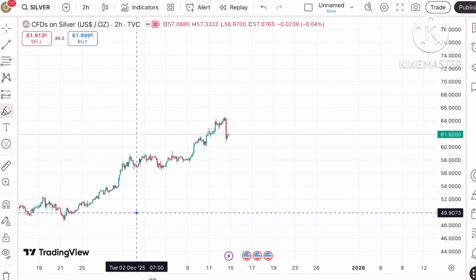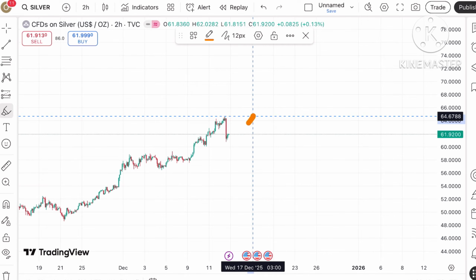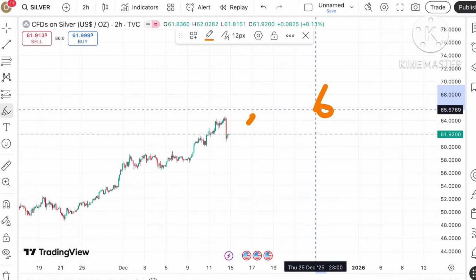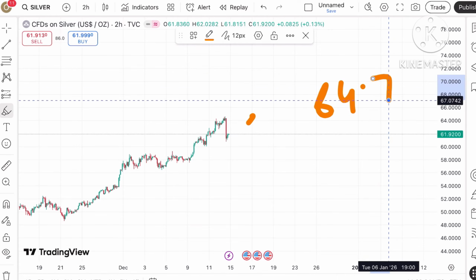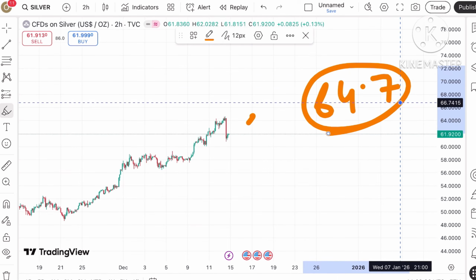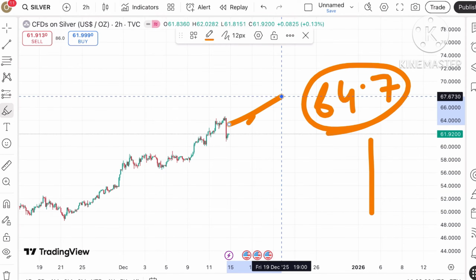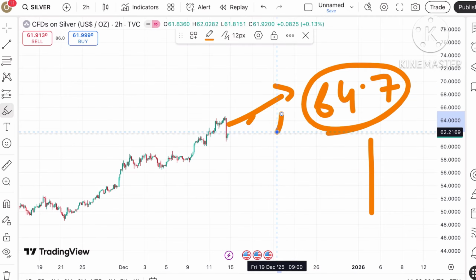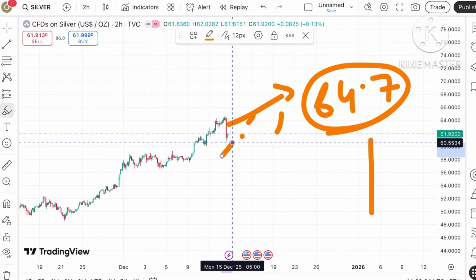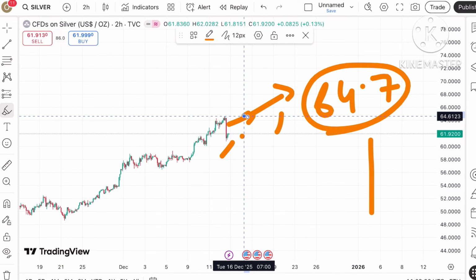If you see the 2 hours chart, after making a high around 64.6 or 64.7, it stayed there, and then the next candle was a sharp fall. After that it's trying to go upside, but remember those traders who have bought at a high level, because buying at a high level is very risky.